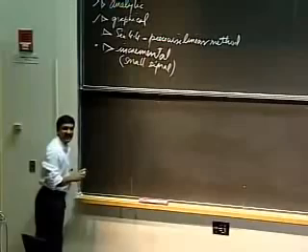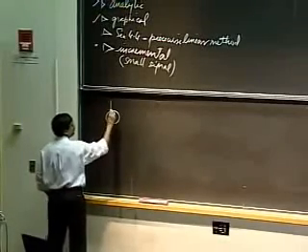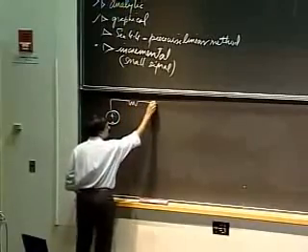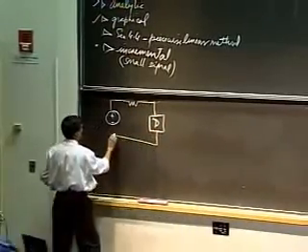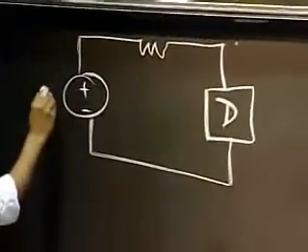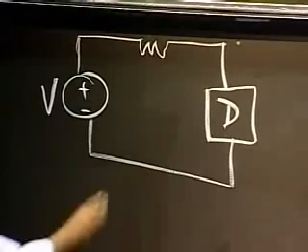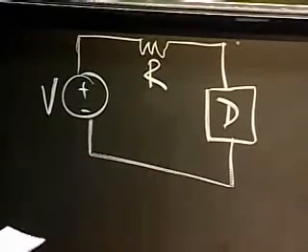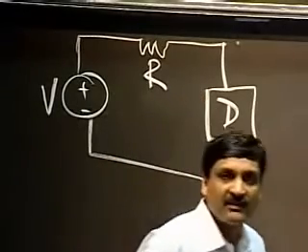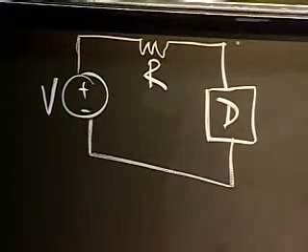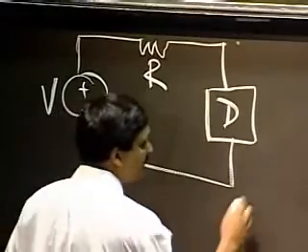Okay, so let's start with a simple example. Okay, so I have some voltage source V, and I have some resistor R, and I have a fictitious device here that I label D. Okay, let's call this fictitious device the Expo Dweeb.